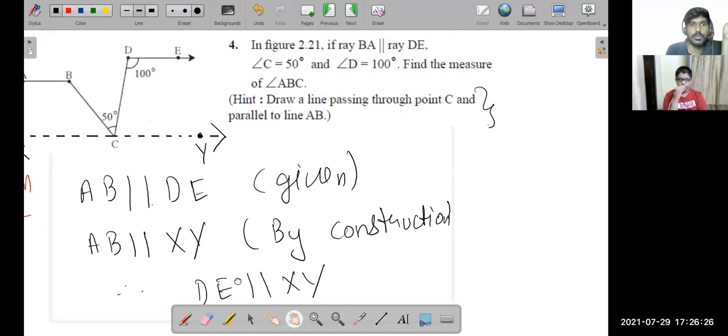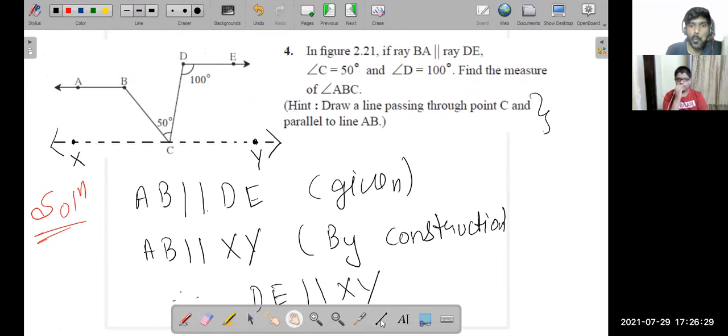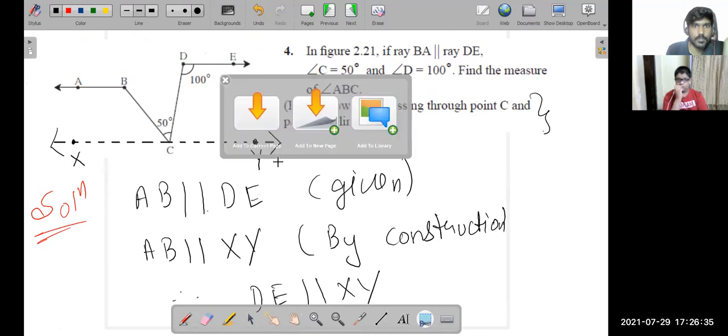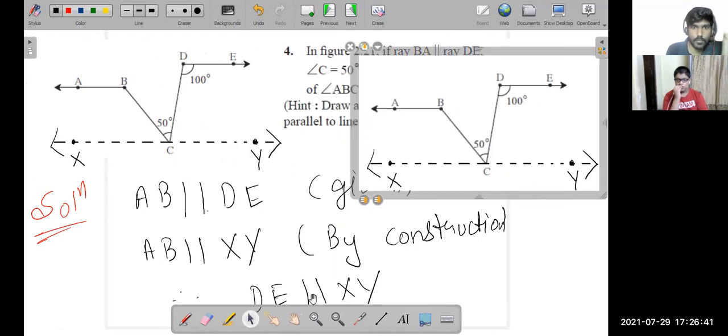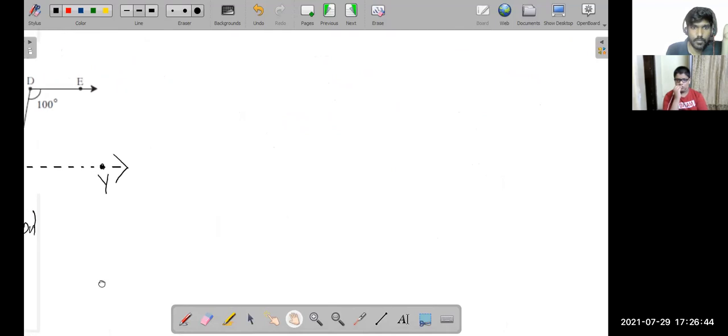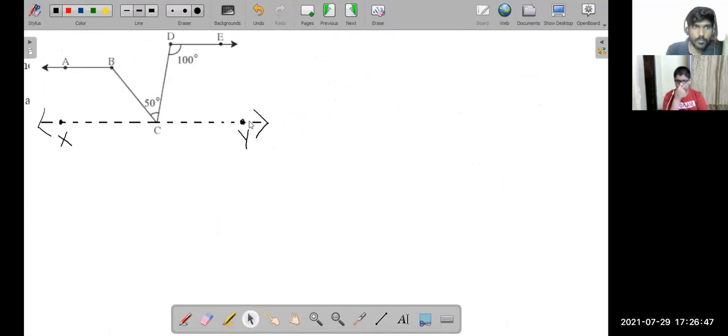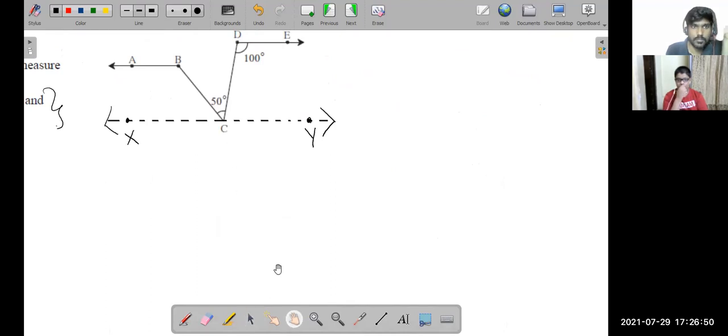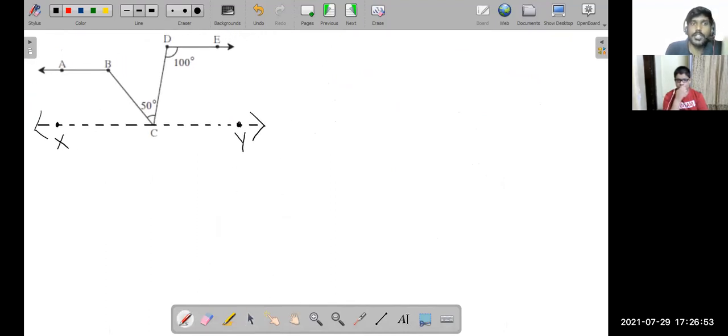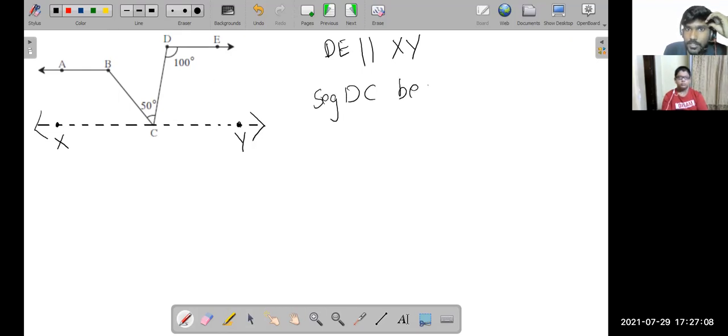Now you have got DE parallel to XY. Since DE is parallel to XY, segment DC becomes a transversal.